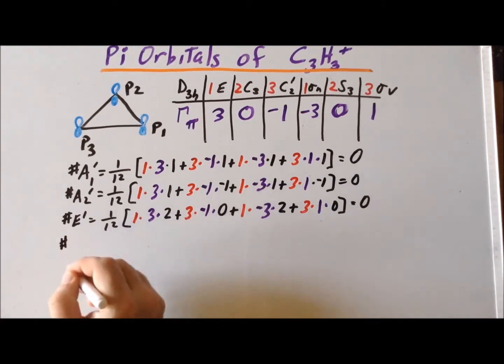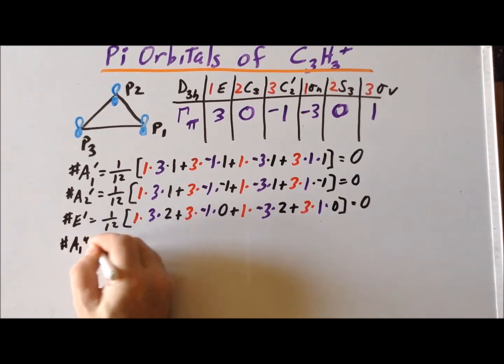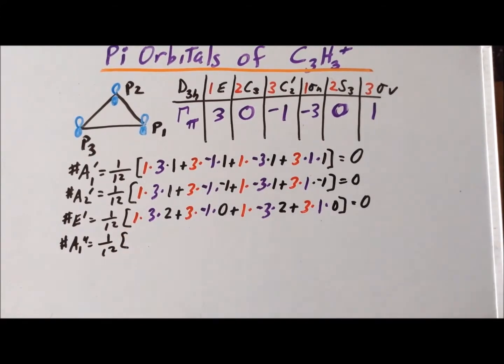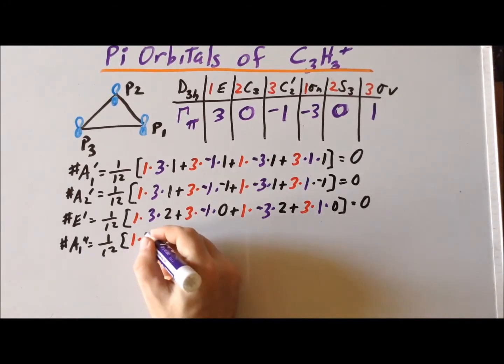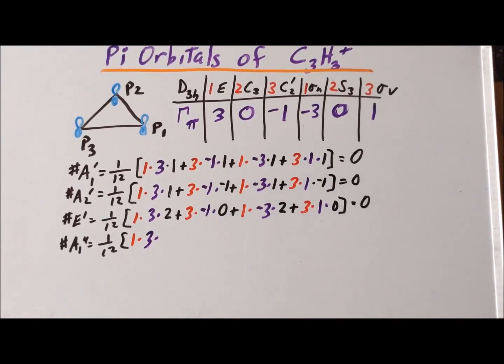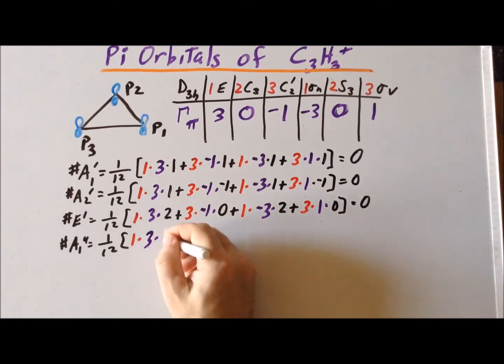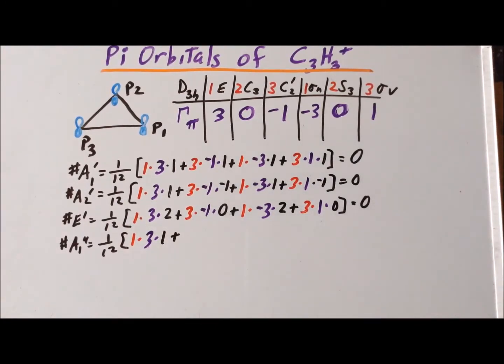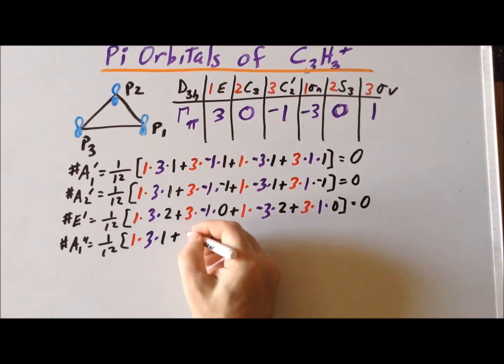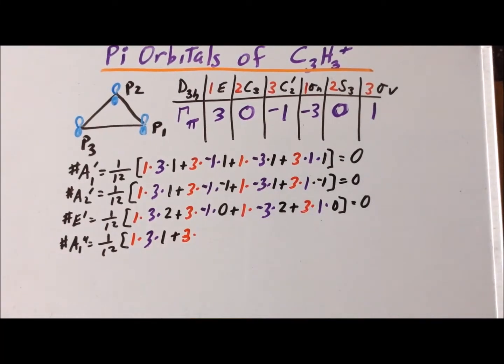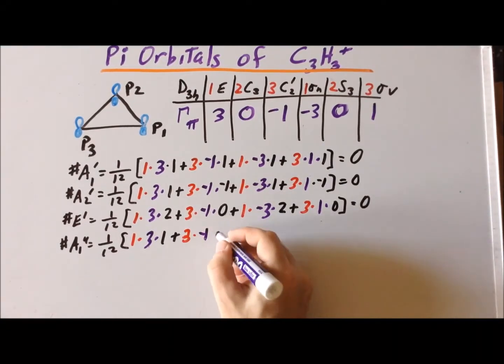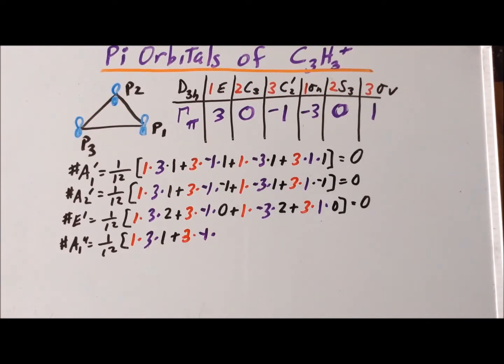Next, we have A1 double prime. Then the character from the irreducible representation is a +1. Character is a +1 here.